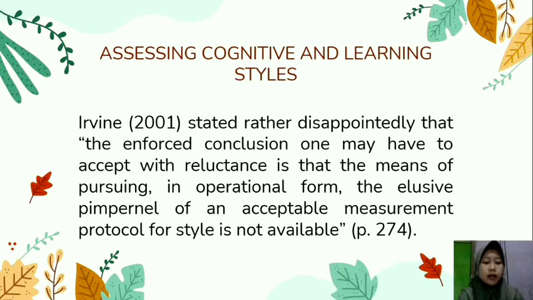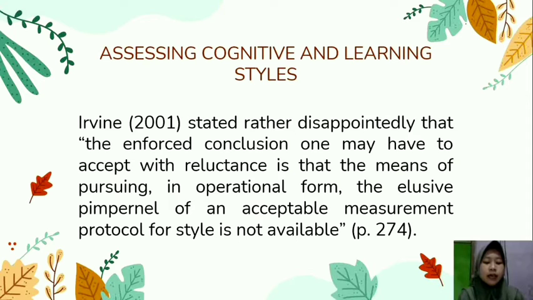cognitive function or by asking learners to perform mini information processing tasks and making inferences from their performance. Examples of good types are Kolb's learning style inventory and Riding's Cognitive Styles Analysis.